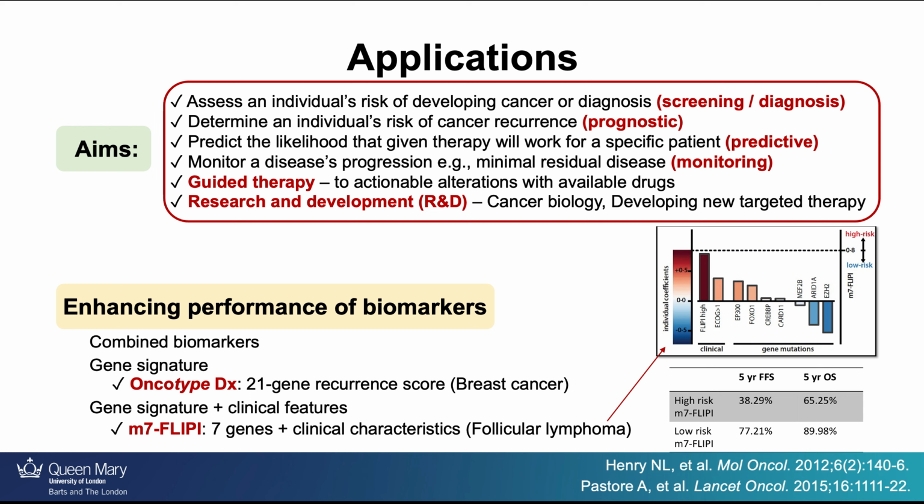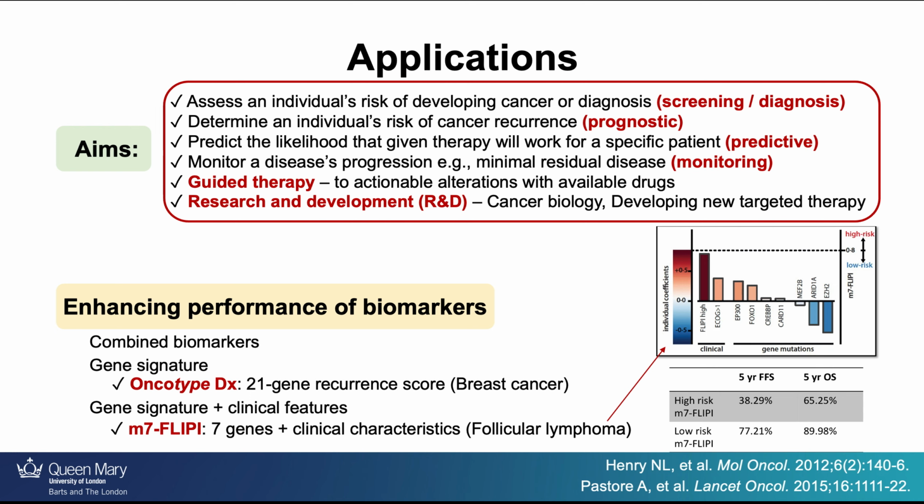Some examples to enhance cancer biomarker performance include the use of combined biomarkers rather than a single biomarker. Some predictive models include gene panels to determine significance, such as Oncotype DX, which uses a 21-gene panel to indicate the recurrence risk of breast cancer from the calculation of a recurrence score.